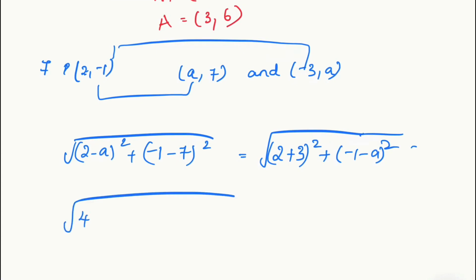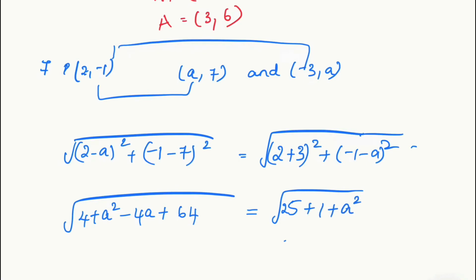So (2 minus a) the whole square will give you 4 plus a square minus 4a, plus 1 minus 8, that is minus 8, square is 64, equal to 5 square, which is 25, plus 1 plus a square plus 2a, since both are minus, it becomes plus.